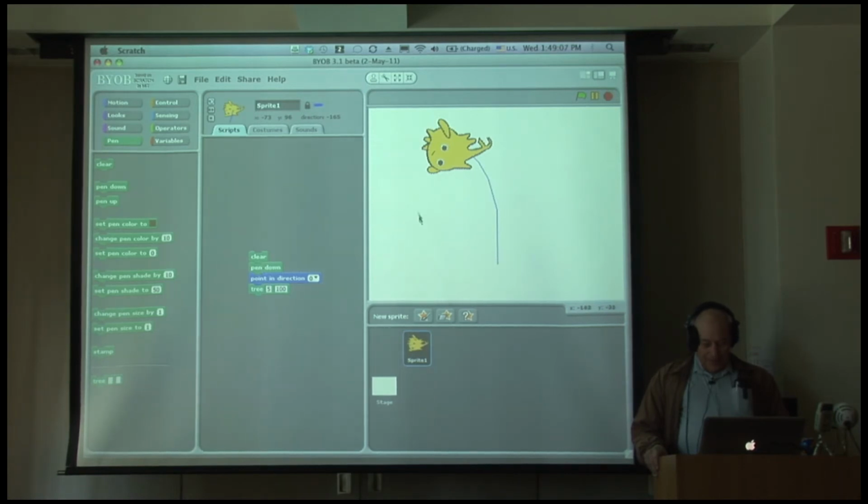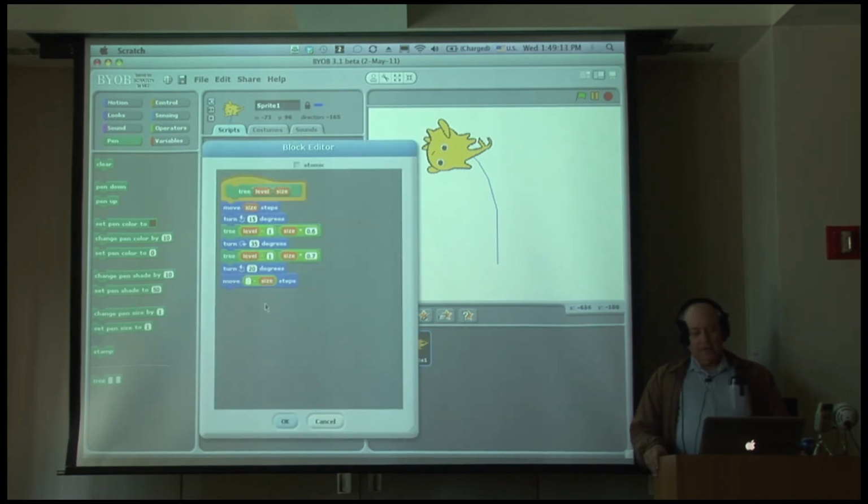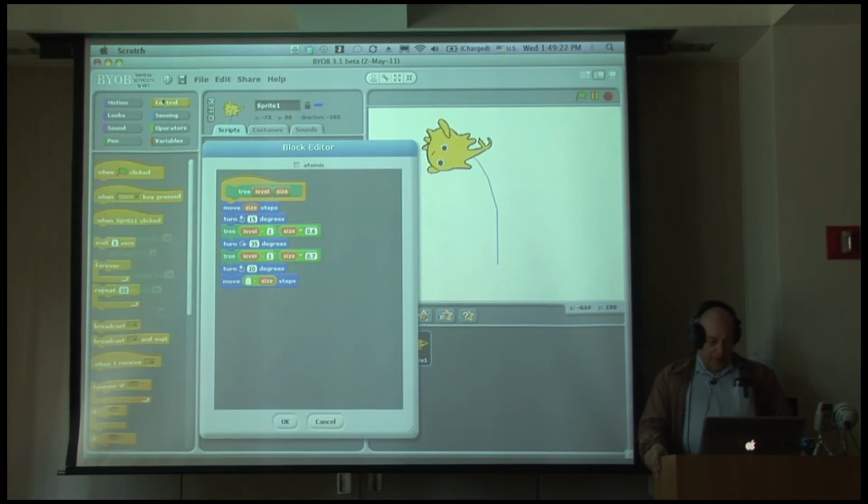Okay, so let's fix this problem. And the way I'm going to do that is, although I subtract 1 from level on the recursive calls, I never actually use level for anything. And to fix that, I'm going to grab an if block and put it around this entire program.